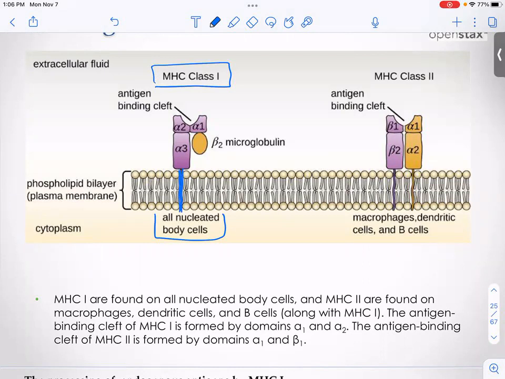They are, again, presenting self-antigens. Let's write this here: presenting self-antigens as well as bits of endogenous antigen.